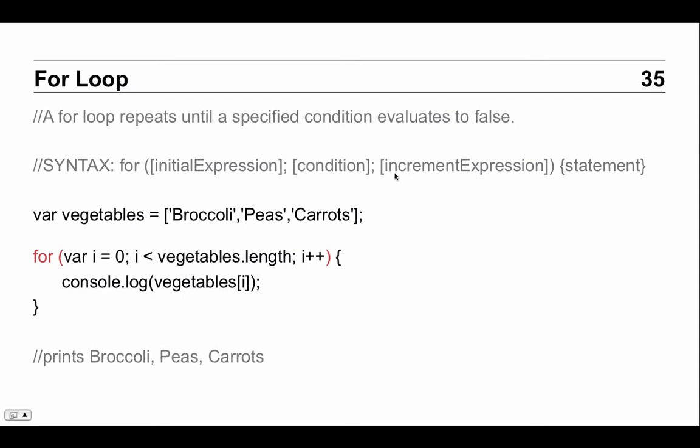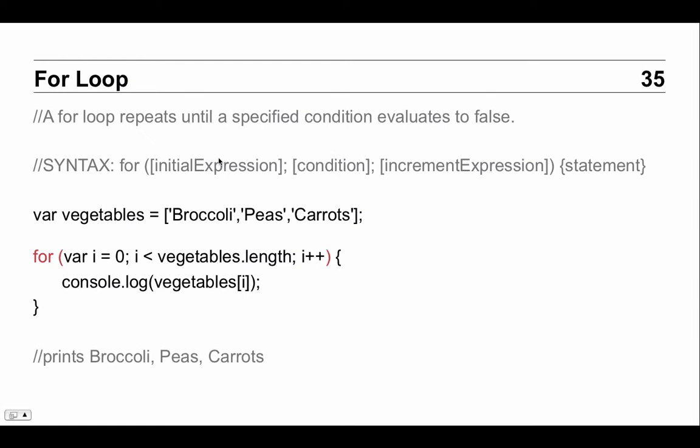Thirdly, we'll have an increment expression, which is the number of times something should increment for each loop. Typically this is just setting the initial expression to increment by 1. That's followed by curly braces with a statement that is to be repeated as long as the condition inside of the parentheses is true.